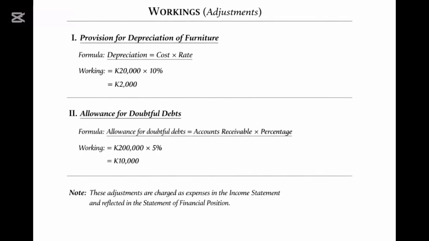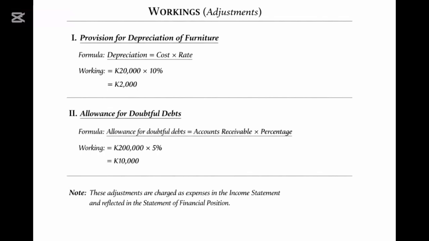Here under our list of balances, debtors is not written as debtors but accounts receivables. So when you see the word accounts receivables, it also means debtors. So take note of that. Accounts receivables times the percentage which we have. So we have 200,000 times 5%, which gives us 10,000.